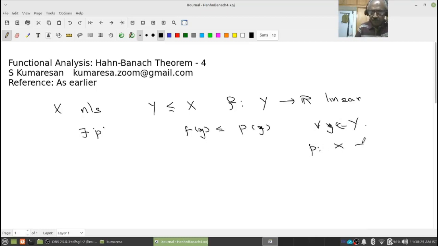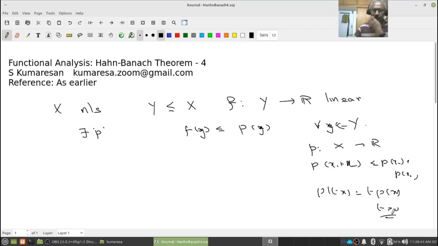P is from X to R, so that P of x1 plus x2 is less than or equal to P of x1 plus P of x2, and P of Tx is T times P of x if T is positive. This is a very important thing.